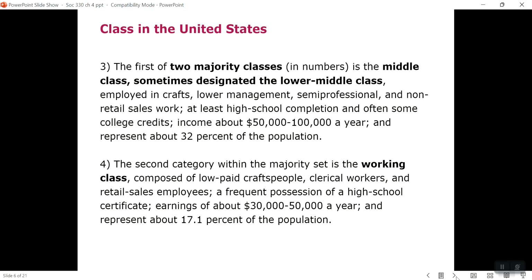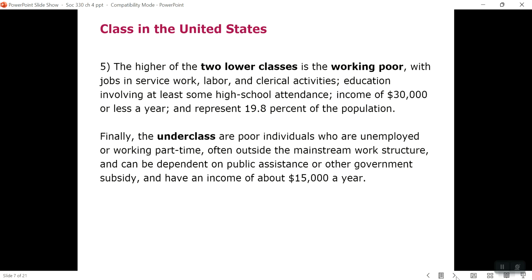They work retail. They may be servers at restaurants because tips can push them into that 30K or more. They might have their own small businesses. Maybe they are contractors or handymen or painters. They own maybe a small business such as that. They're about 17% of the population.